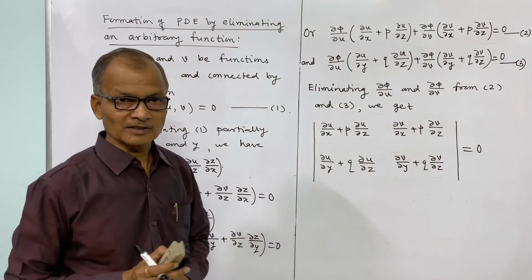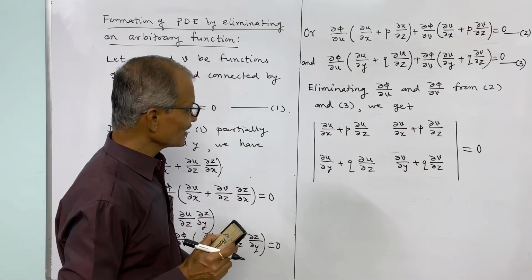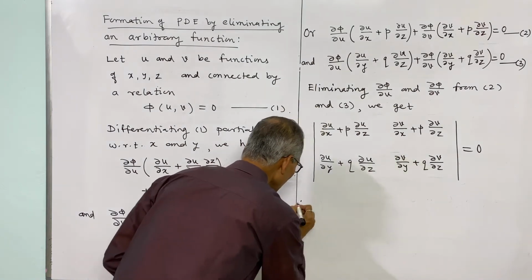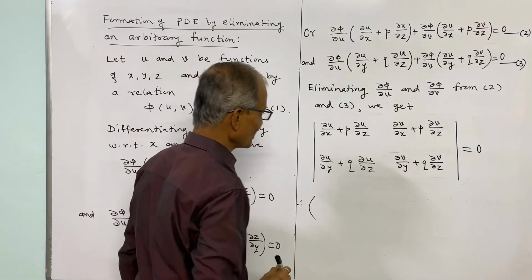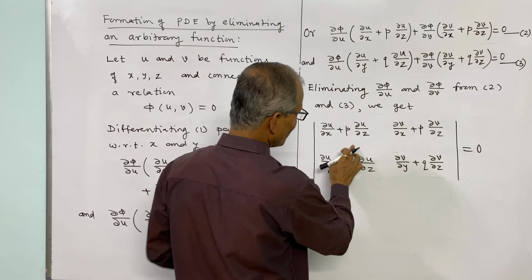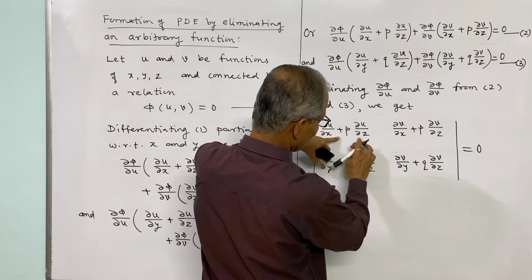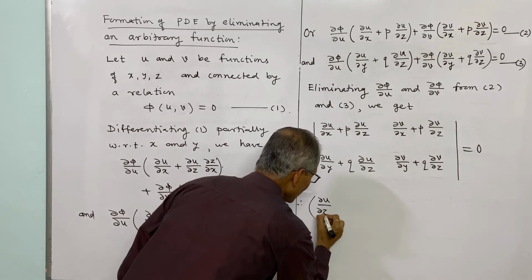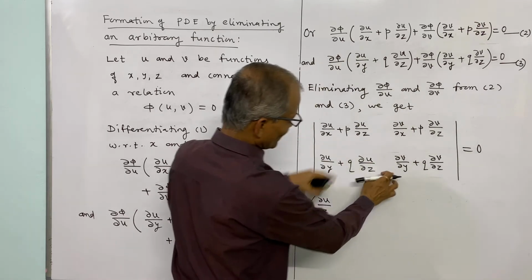Now we will expand this determinant. While expanding, we write the coefficients of p and q. Taking p common, the product of these two is ∂u/∂z times ∂v/∂y, minus ∂u/∂y times ∂v/∂z, times p. This is the arithmetic part, you may verify.